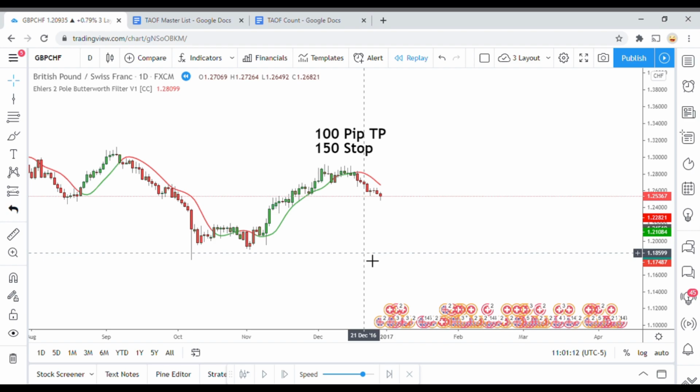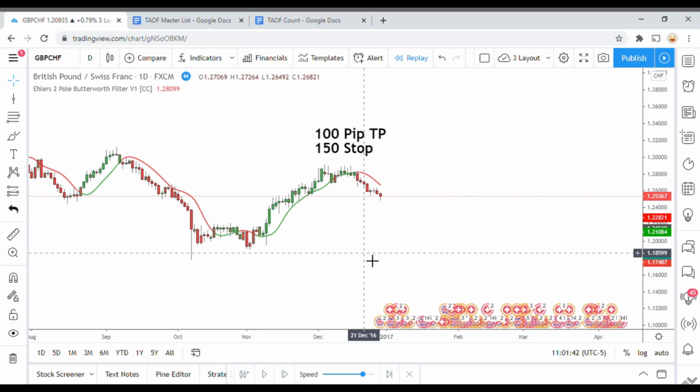Of course, you can find that if you just click the link to the indicator below in the description. It will take you to Cheat Country's page on this particular indicator, and then you can click back into his profile, go to his scripts, and browse through all the different scripts that he has. Like I said, he has a very long list of the Ehlers indicators that he has created.